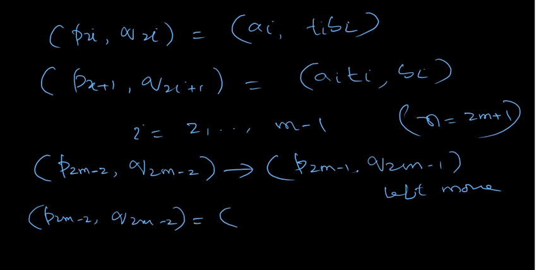So as here you can see, it will be AM minus 1, then TM minus 1 and BM minus 1, and that transition P2m minus 1 Q2m minus 1.